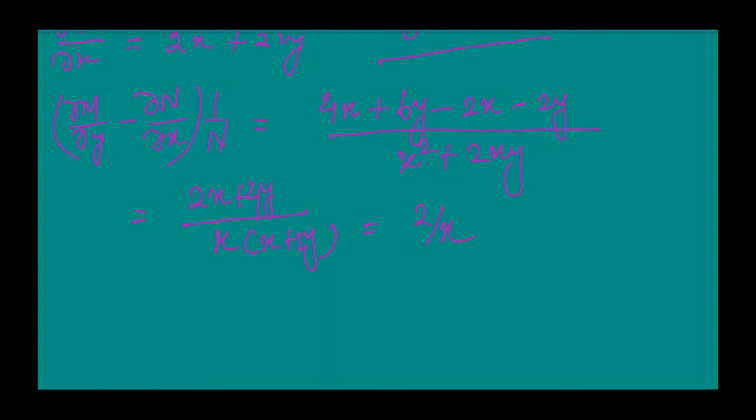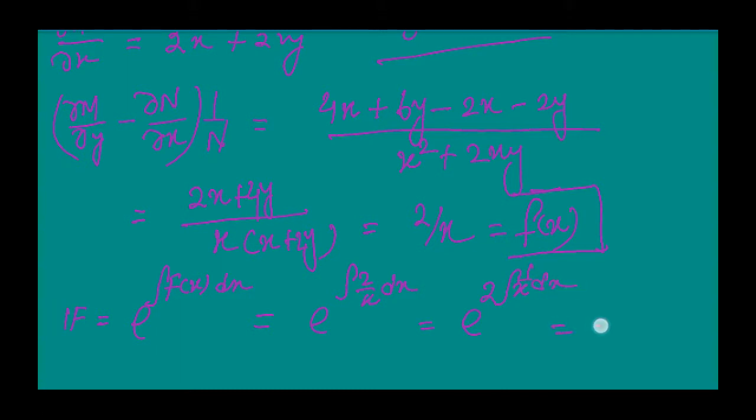So how can the integrating factor be calculated? Suppose this is f(x). This f(x) calculation is different for different conditions. I will explain later. Integrating factor is given as e to the power integration of f(x) dx. So this is e to the power integration of 2 by x dx, and this is e to the power 2 into integration of 1 by x dx.